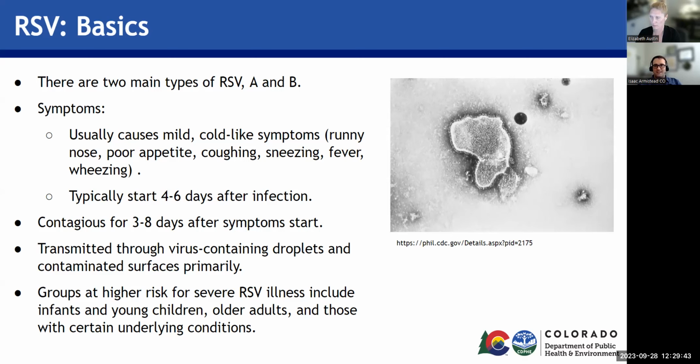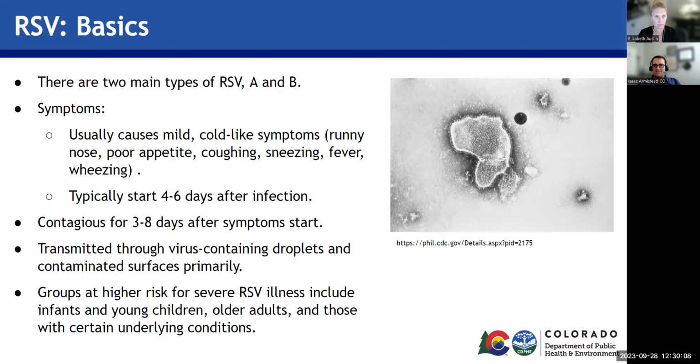You'll see here that the symptoms for RSV are very similar to influenza. They're usually more mild and cold-like, especially in adults. Runny nose, poor appetite, coughing, sneezing, fever, wheezing, and those who might have a predilection to wheezing due to underlying conditions or not.